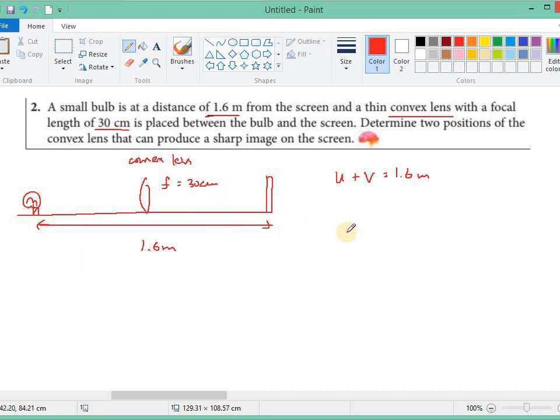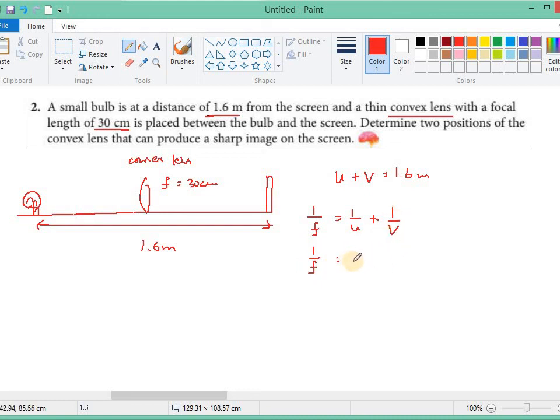So from 1 over f equals 1 over u plus 1 over v, we modify a bit.